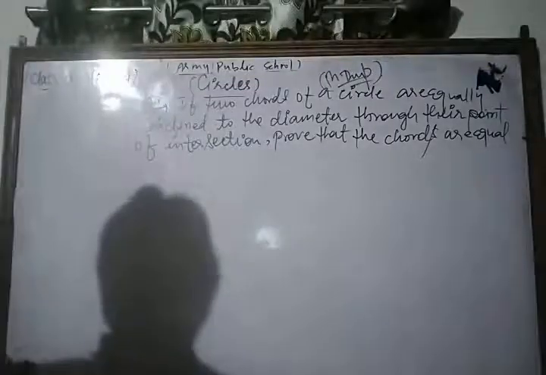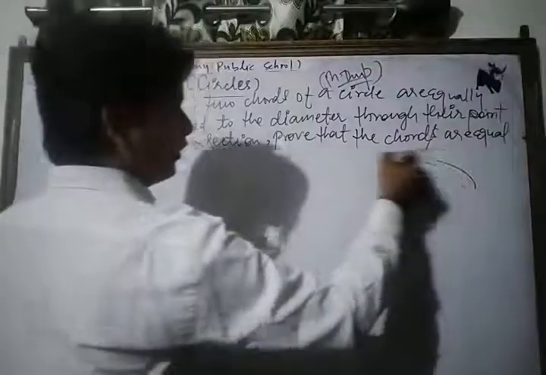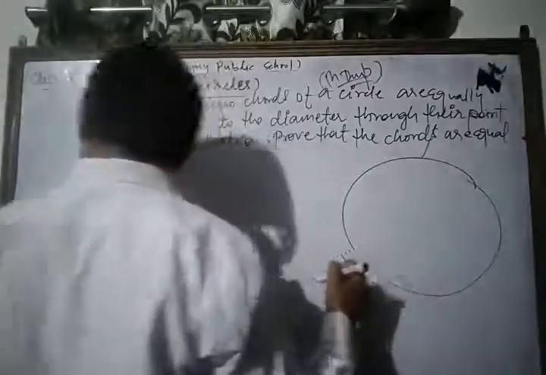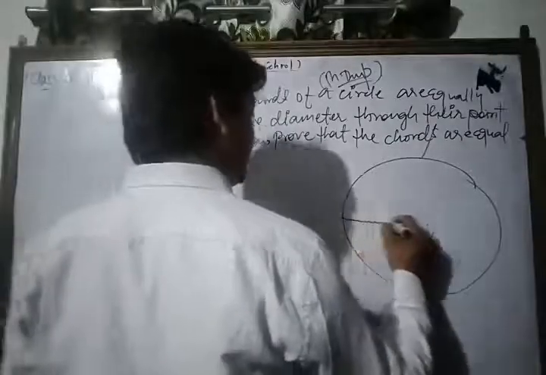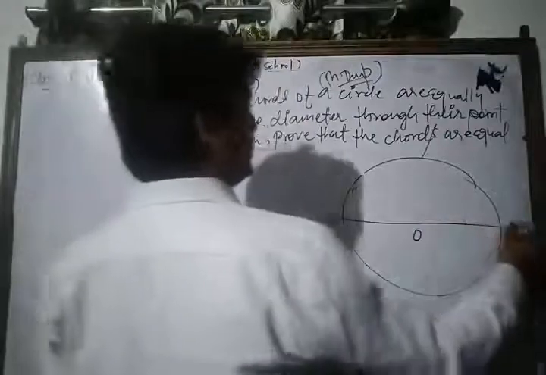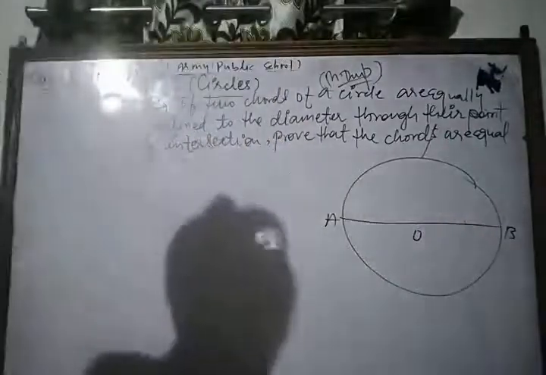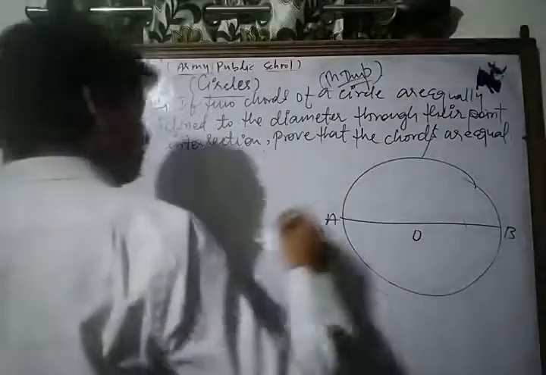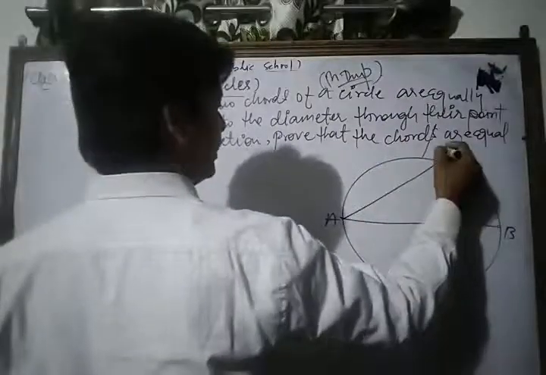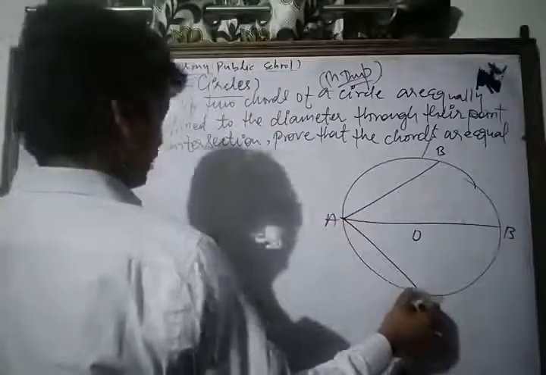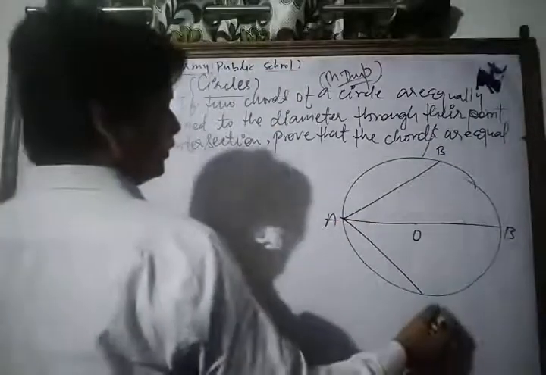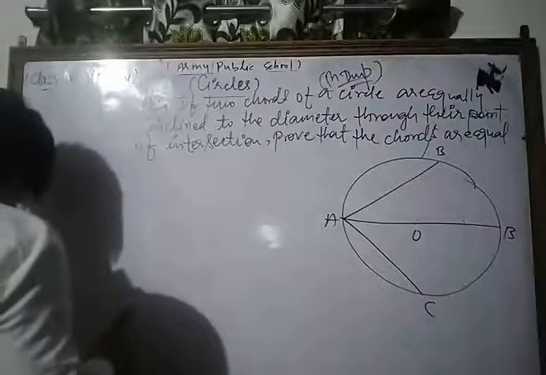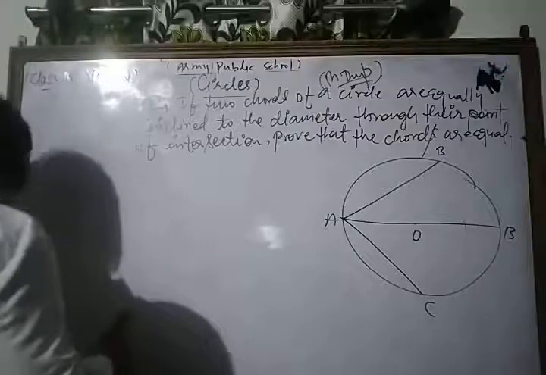If two chords of a circle are equally inclined to the diameter, first of all we draw a circle. Let O be the center, and AD be a diameter, and two chords. Here this is chord AB and this is chord AC, equally inclined to the diameter AOD.